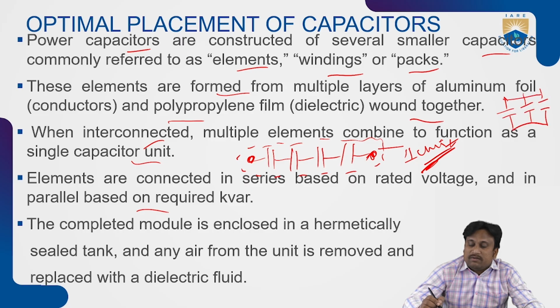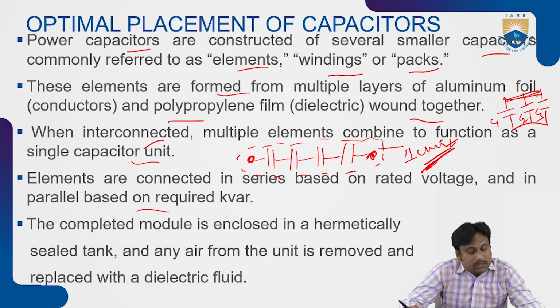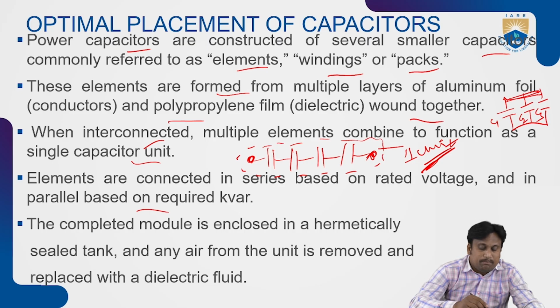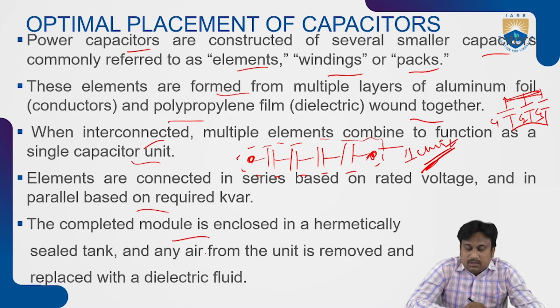Elements are connected in series based on rated voltage, and in parallel they produce the required reactive voltamps. The complete module is enclosed in a hermetically sealed tank, which means any air is removed from the unit and replaced with a dielectric fluid. This allows the capacitors to function in a suitable manner.